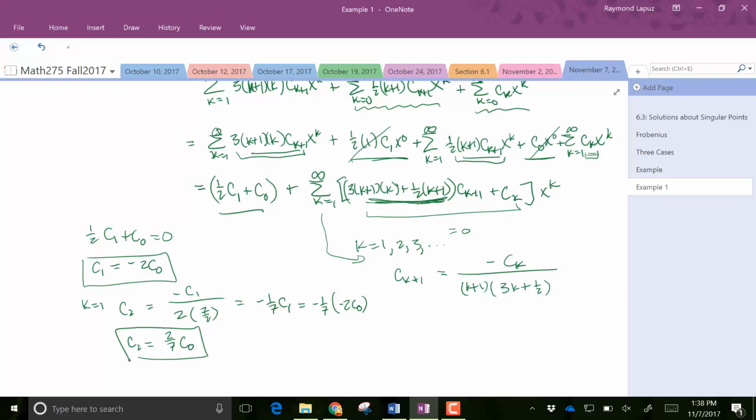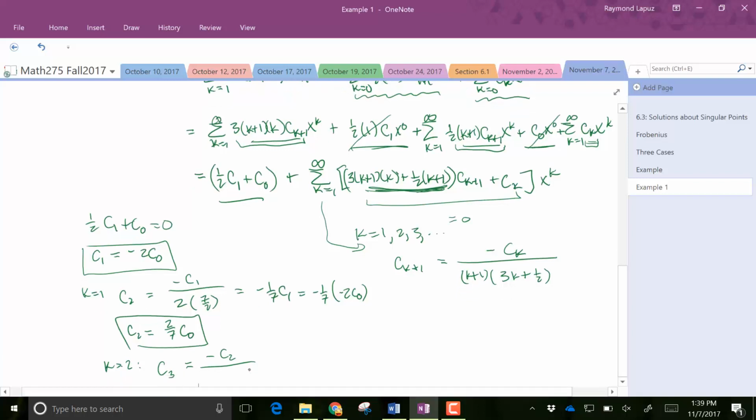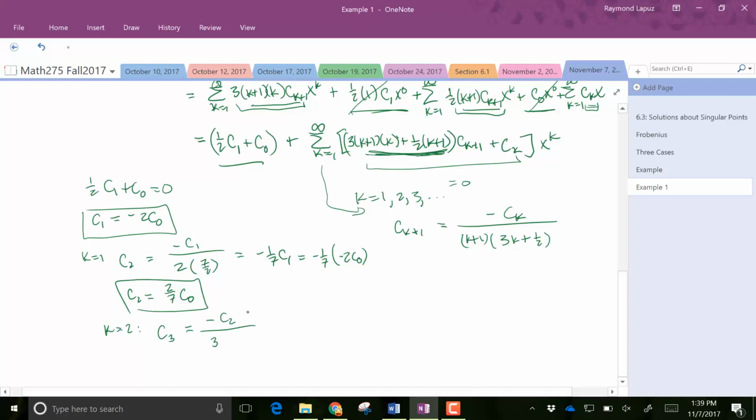Okay. Let's do one more. When k is equal to 2, we have c sub 2 plus 1, which is 3, equal to minus c sub 2 divided by, okay, k is equal to 2, so this is going to be 3 times 2, 6 plus 1/2, 6.5, 13 halves. So this is where we might lose this pattern catching.